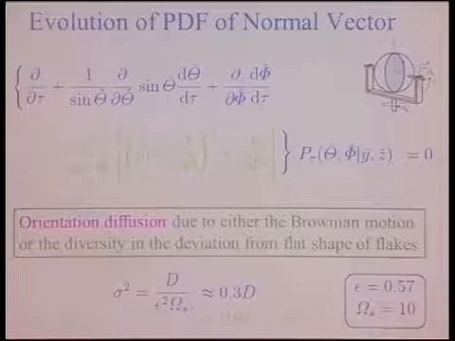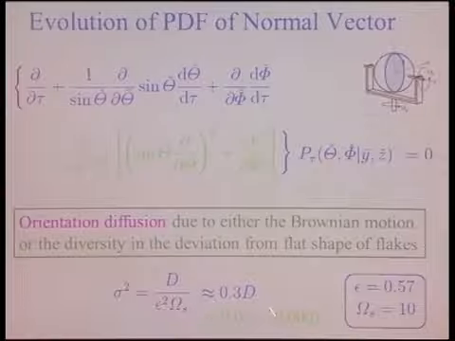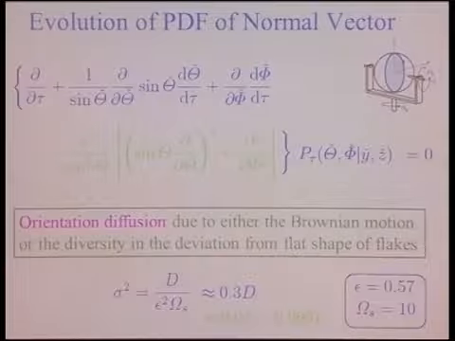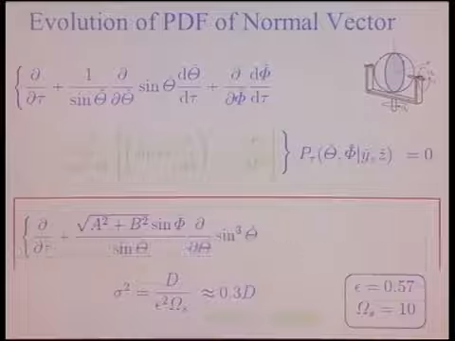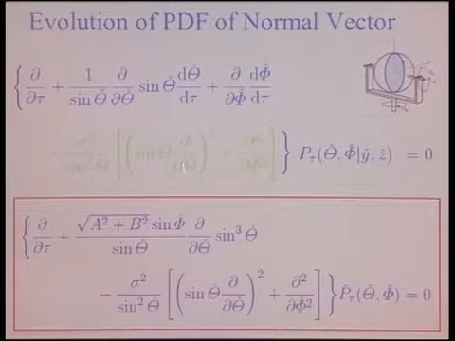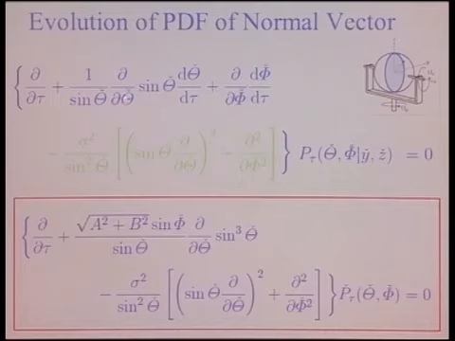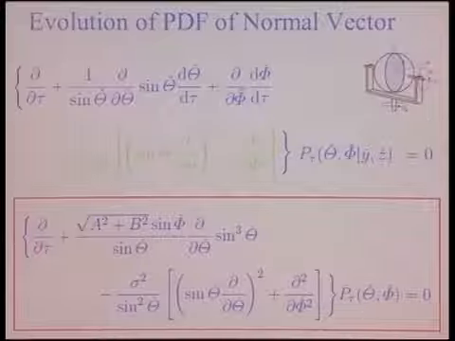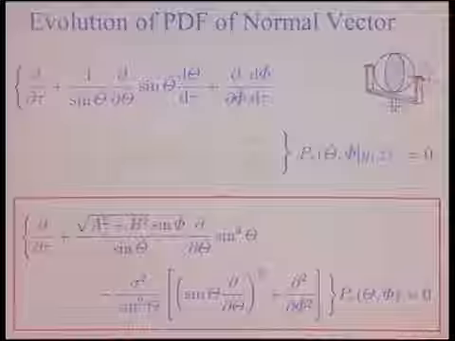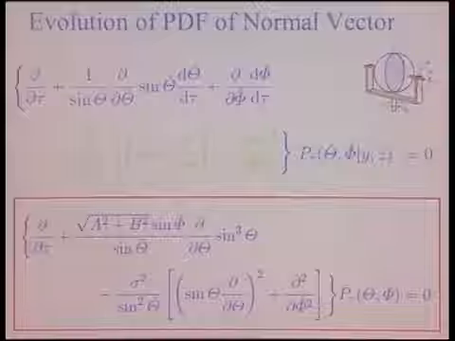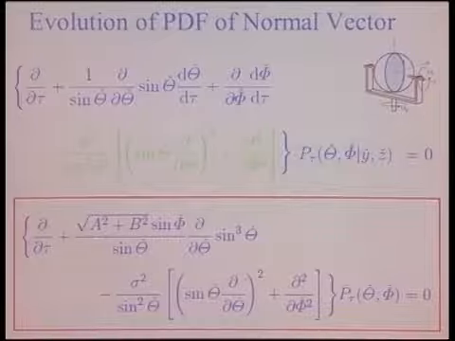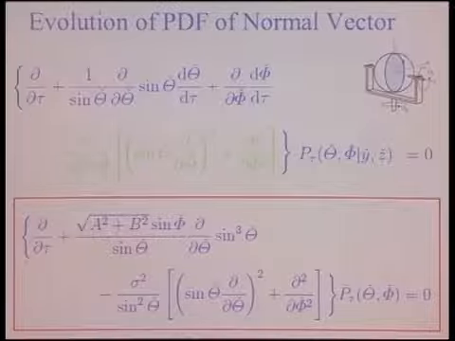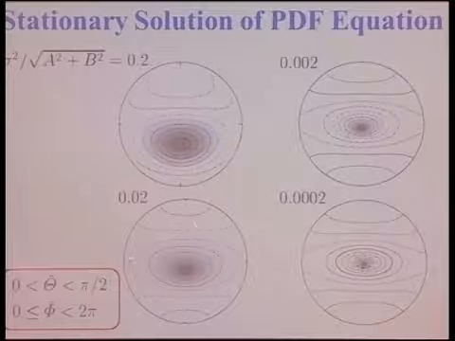In this case, the Brownian effect is like this, 0.02 or something, depending on the size of the flake. And because we know the equation of motion of theta and phi, the equation for the PDF is written like this. We solved this and found the steady solution, and this is the result.